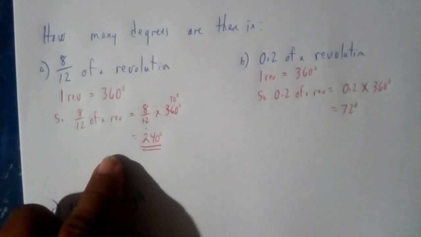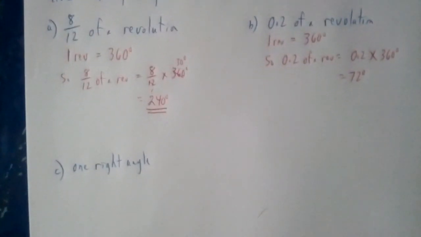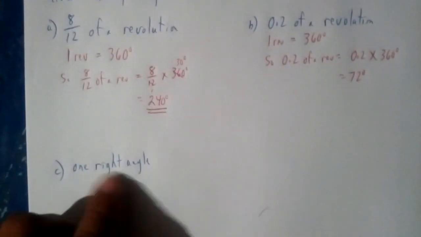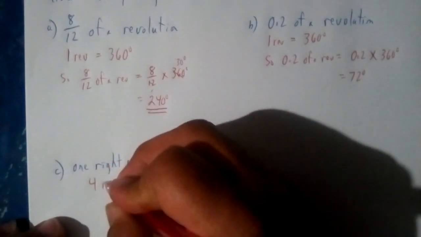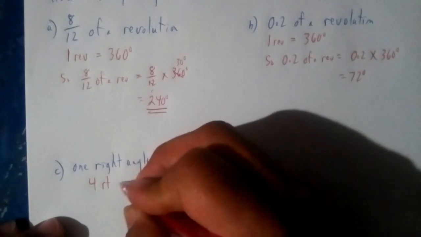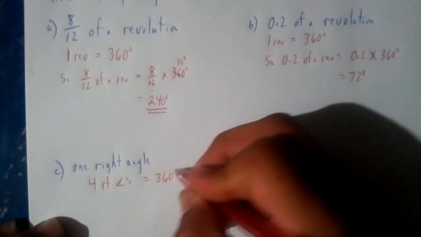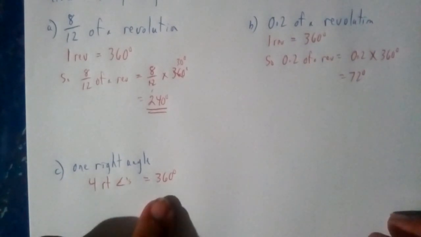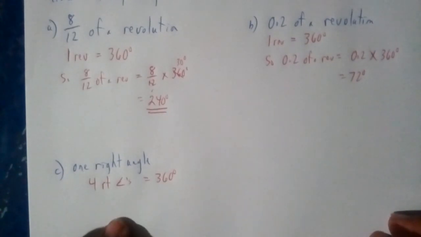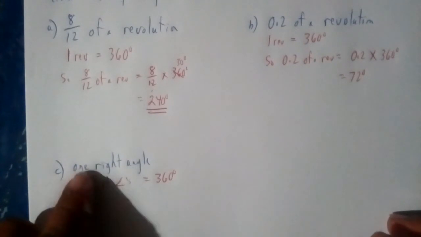Likewise here. Now consider right angles. Instead of putting degrees and revolution in that format, you're going to say that 4 right angles is equal to 360 degrees. That's a fact, because there are 4 right angles in 360 degrees, or a complete revolution. Hence, we can find the size of a right angle.